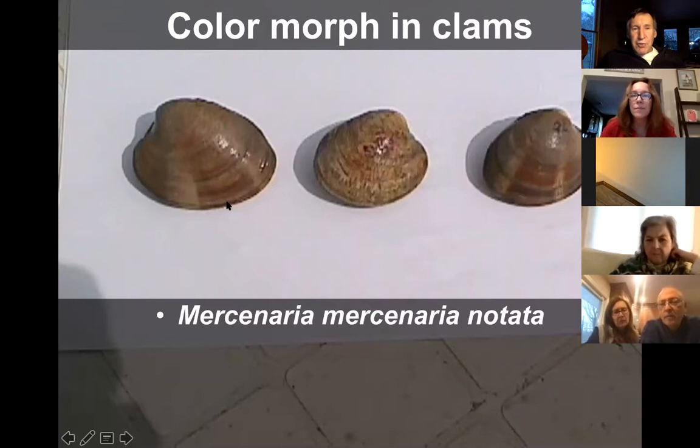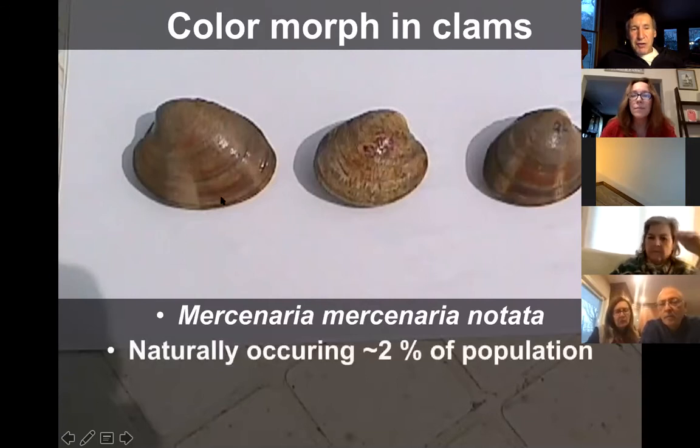If you want to use these in a hatchery situation, you can get them to be pretty much 100% notata. The clam project that's going on, they don't want these clams. They want white clams. They don't want to use notata clams, even though they are naturally occurring in the population.